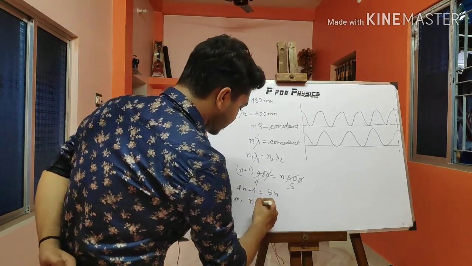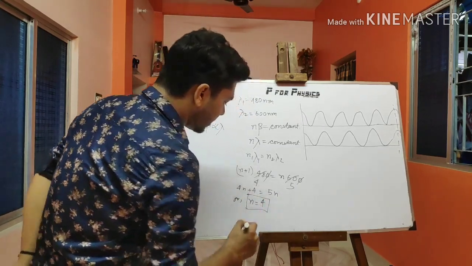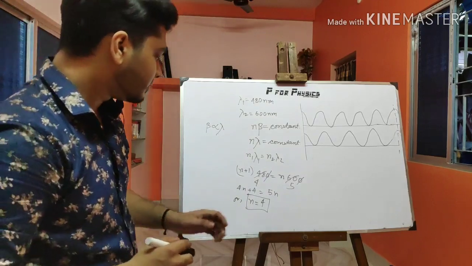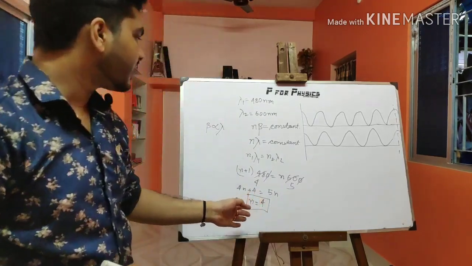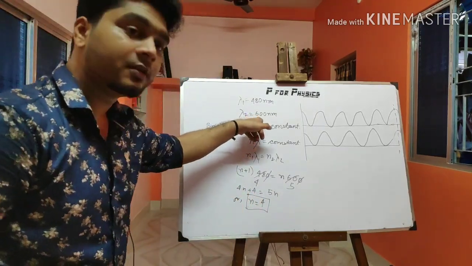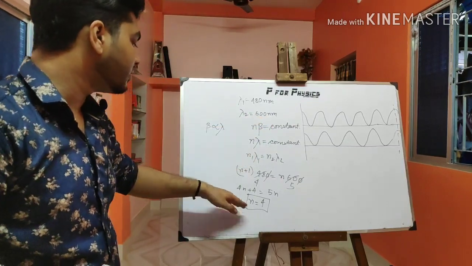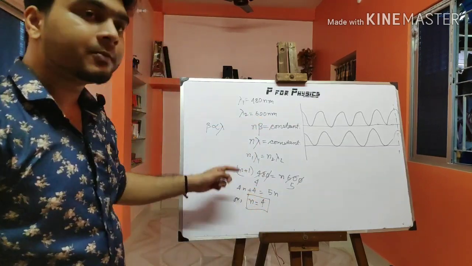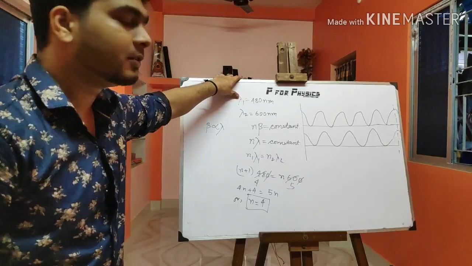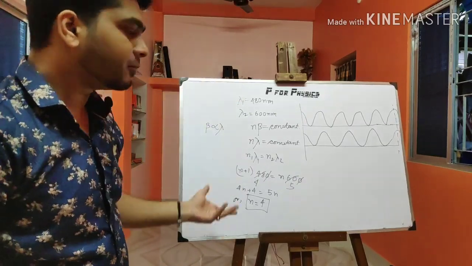N equals 4. So we can say the fourth maxima of 600 nanometer will coincide with the 4 plus 1, which is the fifth maxima of 480 nanometer, and that's how we do it.